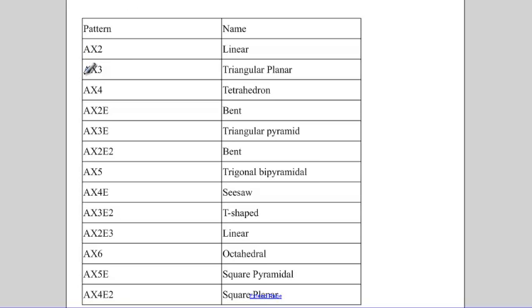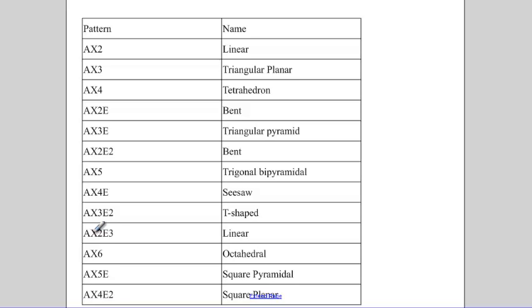And it keeps going. Something that has three things directly attached is flat, but in a triangle, and so on and so forth. This is the list. We will make models so you can see what all of these things look like. You do not have to memorize this list. I will always give you this list.